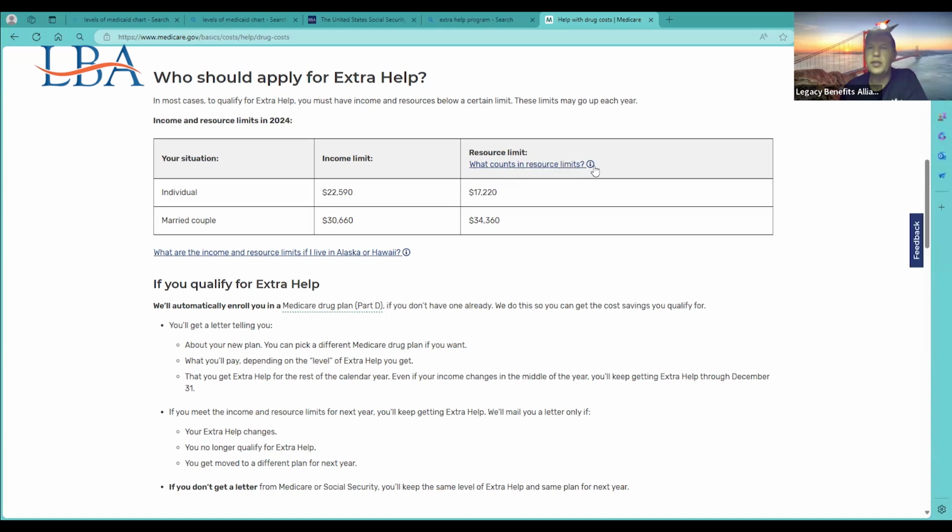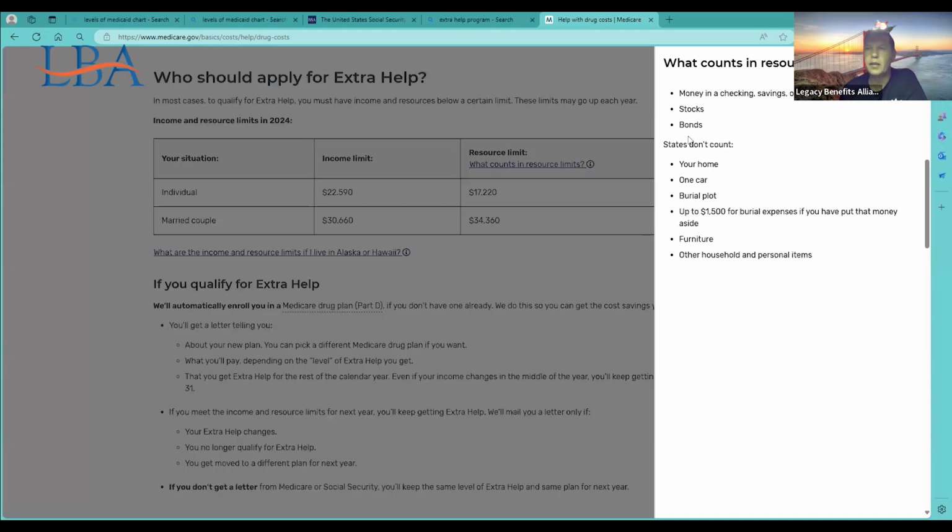What counts in resource income limits for you financial advisors out there? See this stuff? Remember I said, hey, I've got money in the bank. Yeah, stay away from that. Okay.